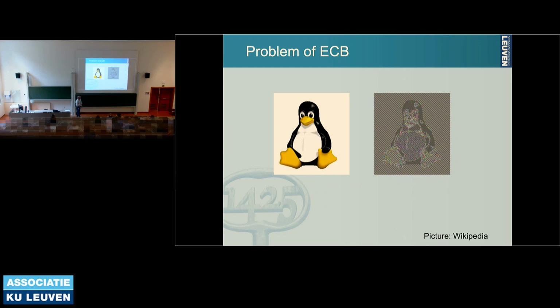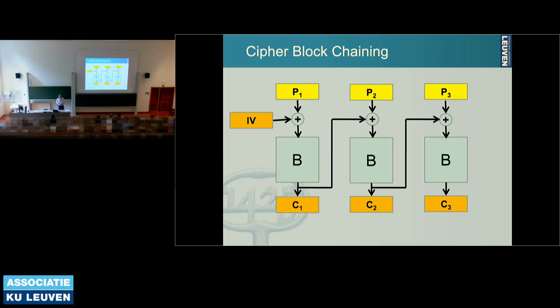And in this case, you still see that it is some encryption of the penguin. And for other types of data, because same input blocks go to same output blocks, redundancy in the plain text is translated to redundancy in the ciphertext and leaks. So that's why you should never use it like this.